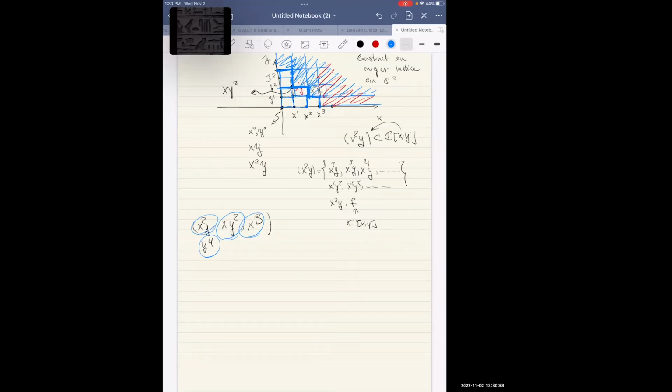Right? Something like that. And as you can see, by looking at this ideal, which sits inside the polynomial ring of x and y, we can see that there is a one-to-one correspondence between this ideal, which separates all the pieces that are not in it, from the ambient unbounded part of the space.